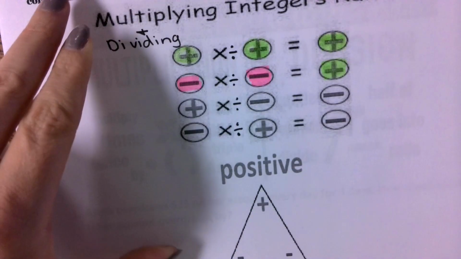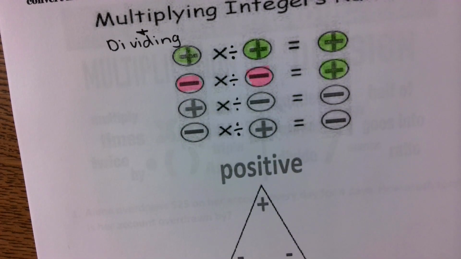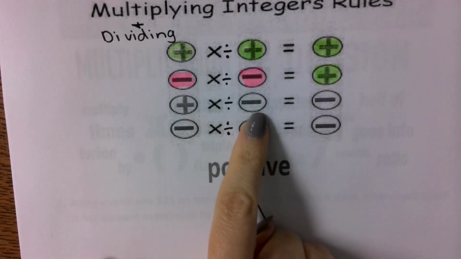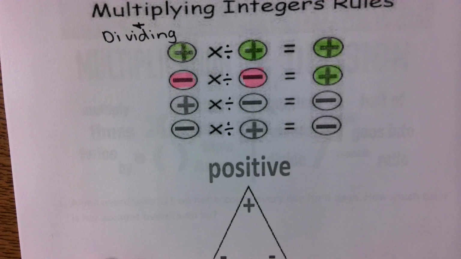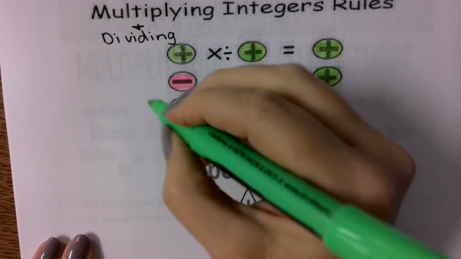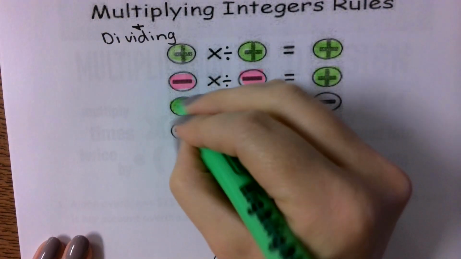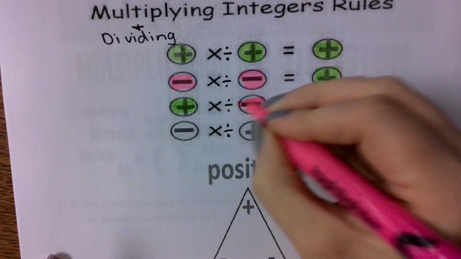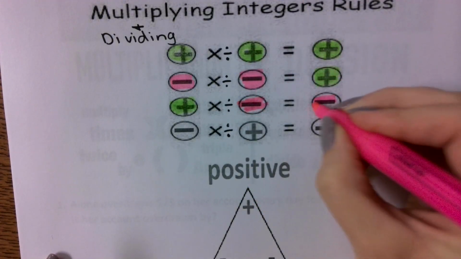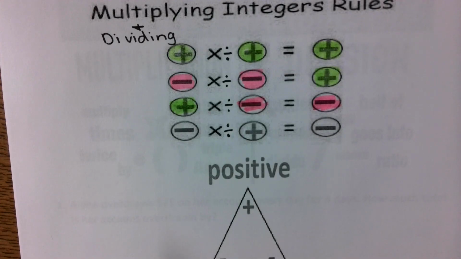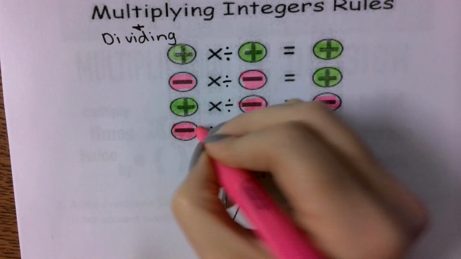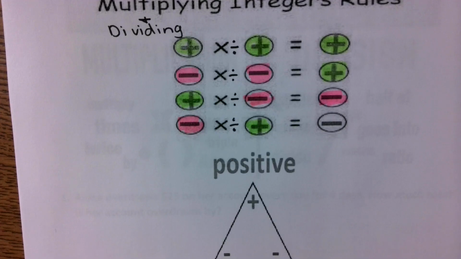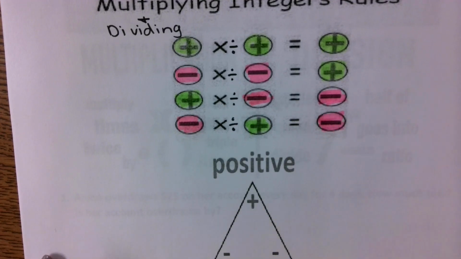When you've got only one negative, you don't have enough to make another positive with it. So that's why our positive signs times or divided by our negative signs are always going to equal a negative answer. A negative sign multiplied or divided with a positive sign is going to equal a negative answer.